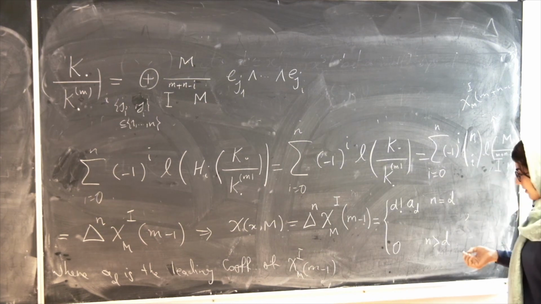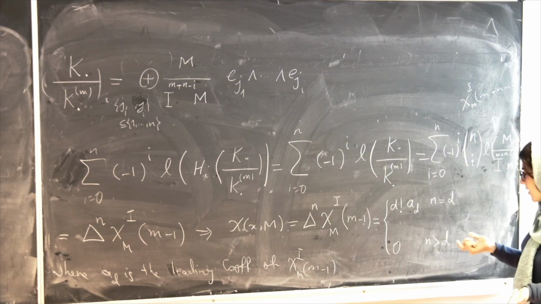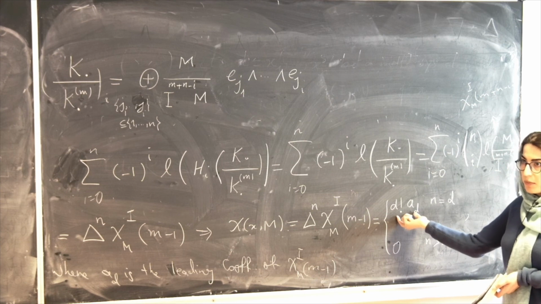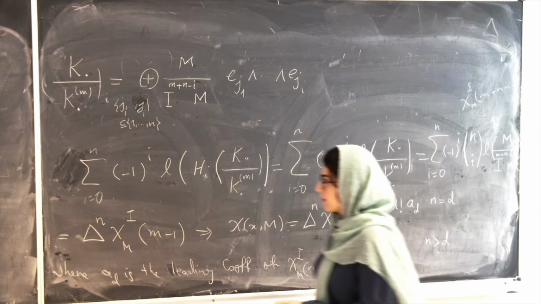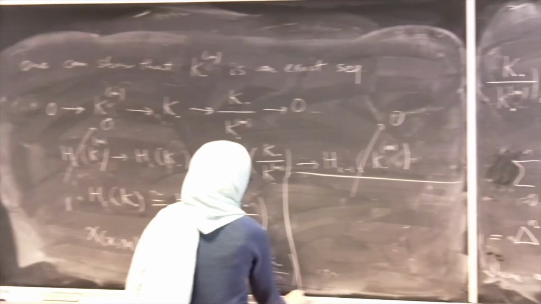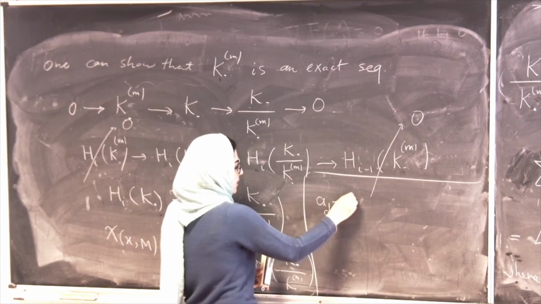But again, in the first lecture, you saw that this is exactly the multiplicity. Because a_d is just this limit.